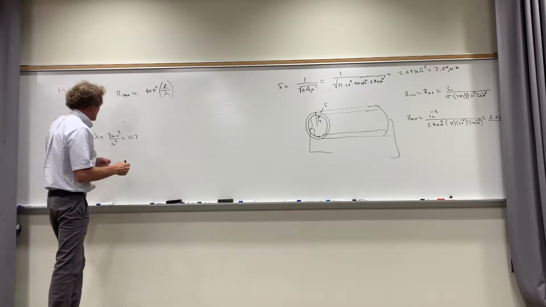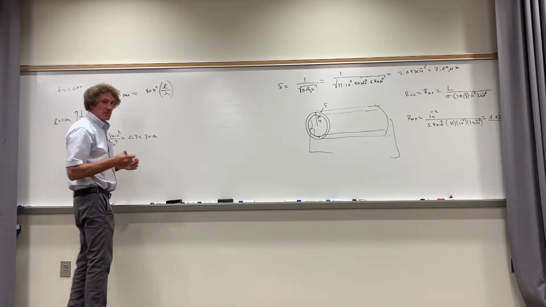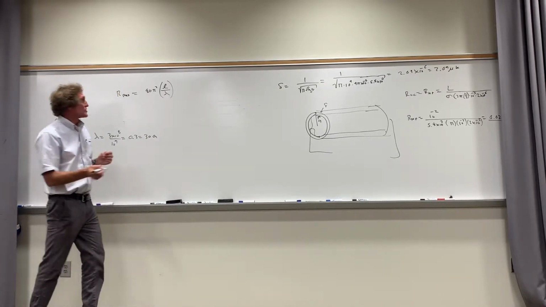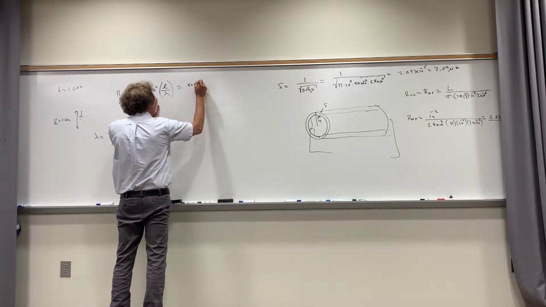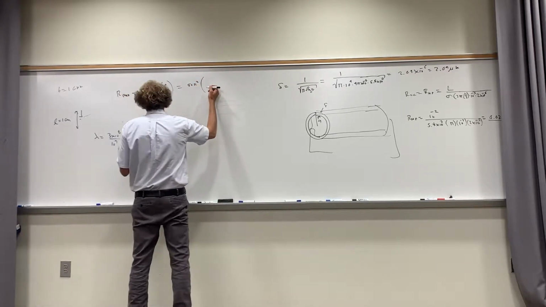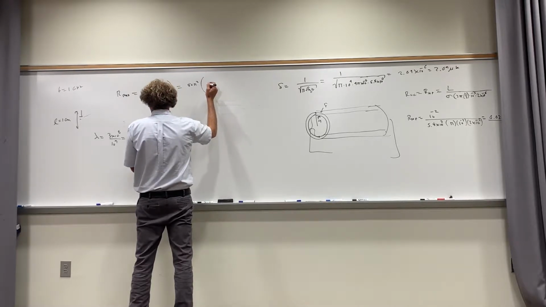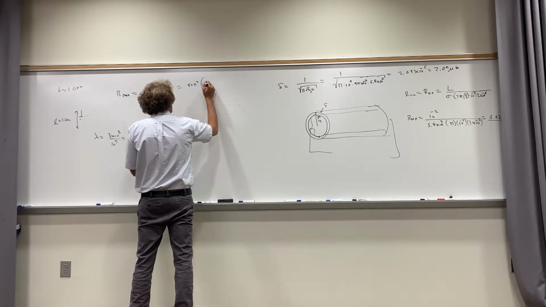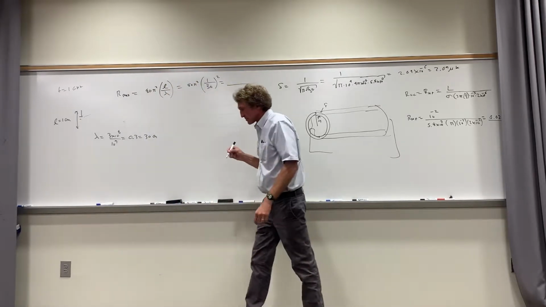So 0.3 meters is what? 30 centimeters, correct, class? So now we get the radiation resistance is 80 pi squared, and then L is 1 centimeter, so it's 1 over 30 squared, and what do you have for that? 0.877 ohms.